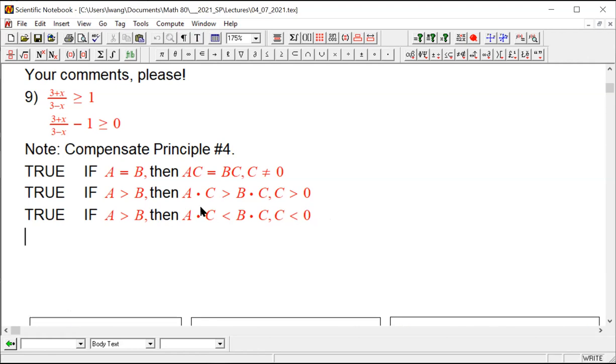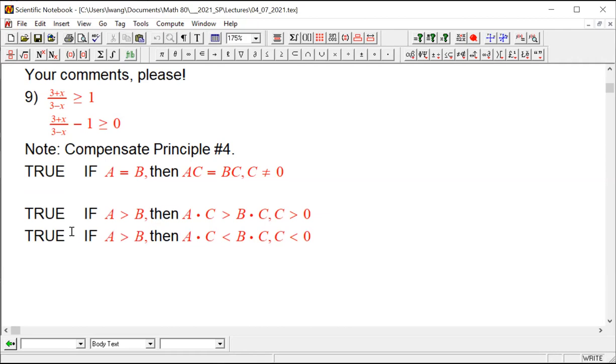But this didn't mention adding or subtracting. What if it's adding or subtracting? If A is larger than B, then A plus or minus C is still going to be greater than B plus or minus C. Let's just do plus.